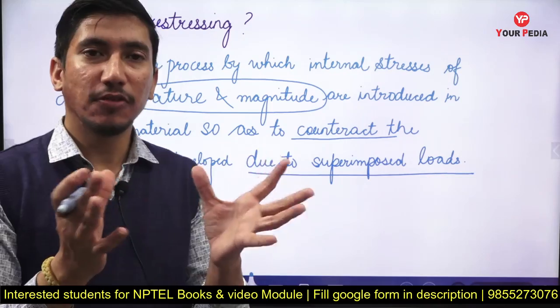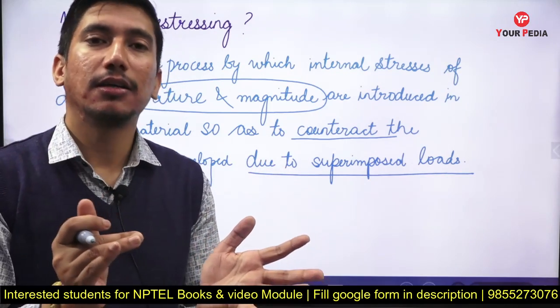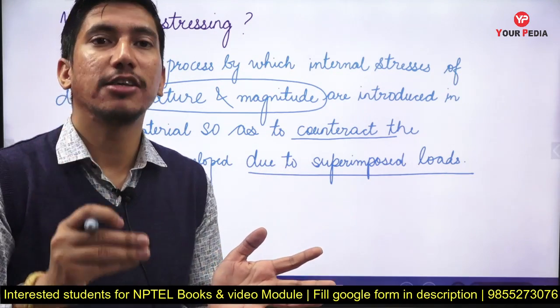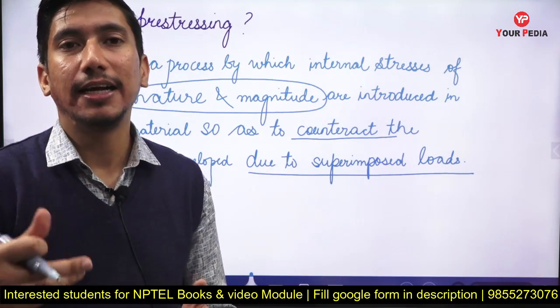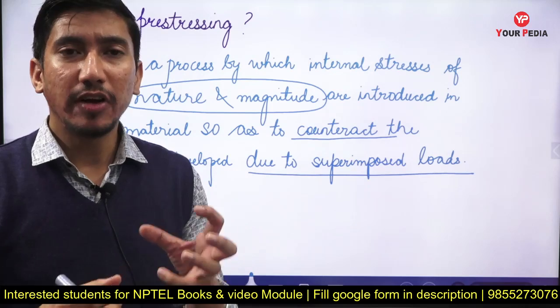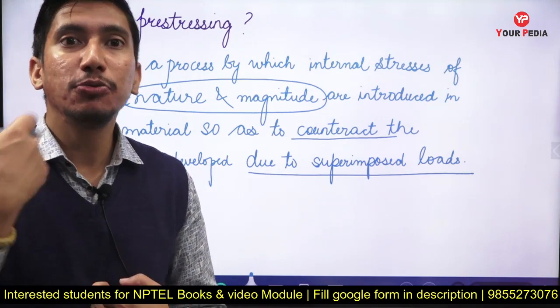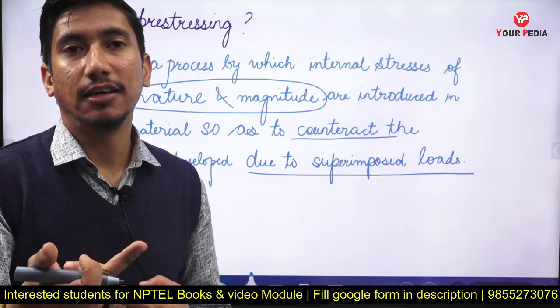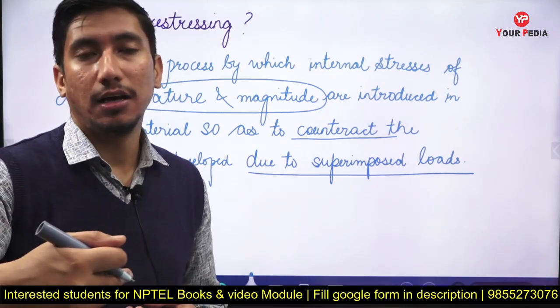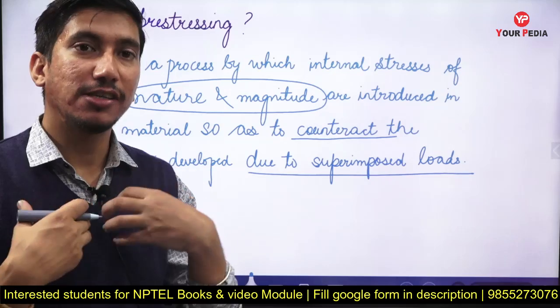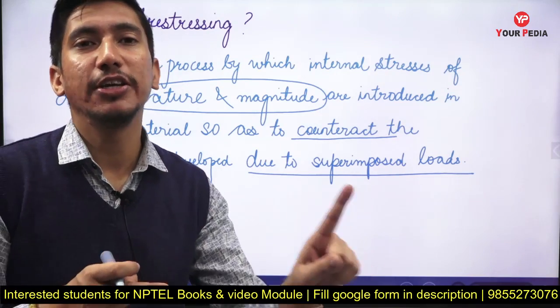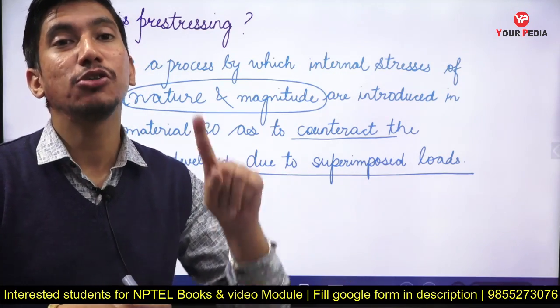Because of the superimposed loads, some stresses of certain nature, either tension or compression, are going to come inside a material. So what we are doing is introducing certain stresses beforehand, and the nature of the stresses that we are introducing is opposite to the nature of the stresses that are going to develop due to the superimposed load.